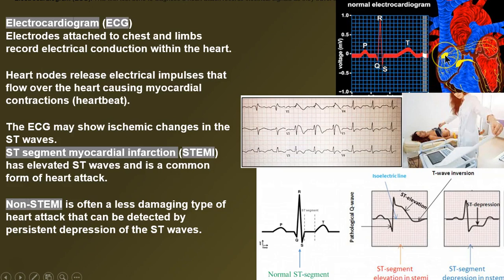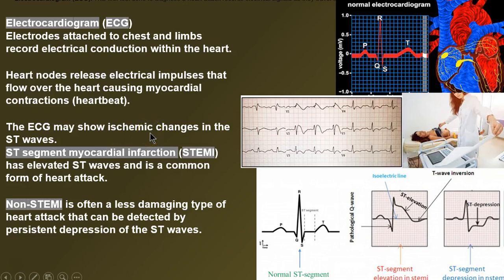You have two nodes, a sino and an atrioventricular node here, and they're going to expel these electrical impulses that cause the heartbeat. But if there's death somewhere of that myocardium, what's myocardium? Heart muscle. Okay, then the ECG may show ischemic changes.